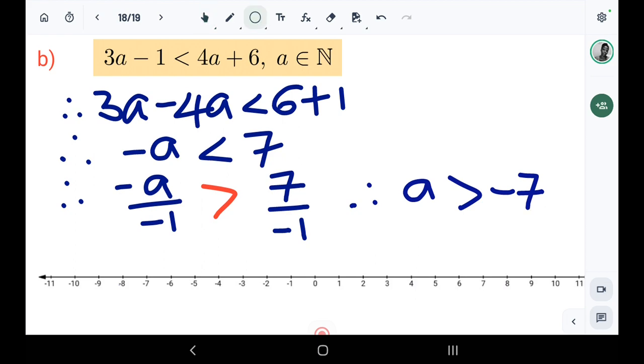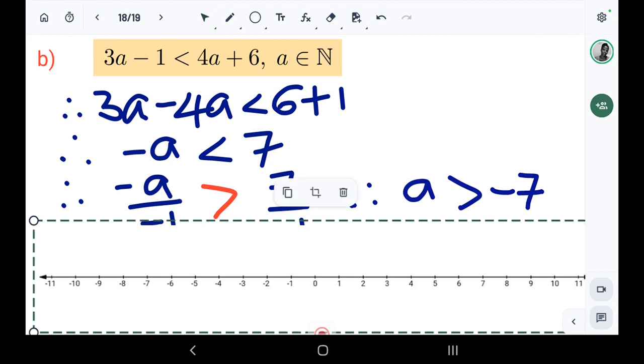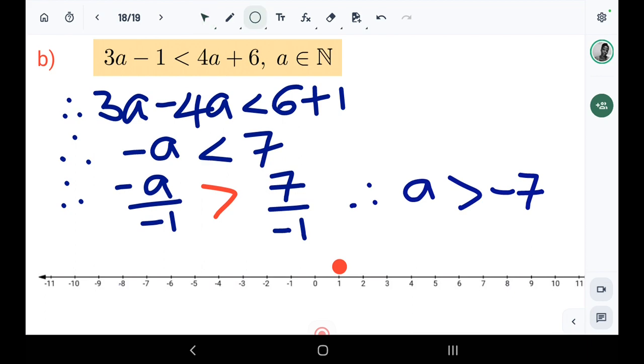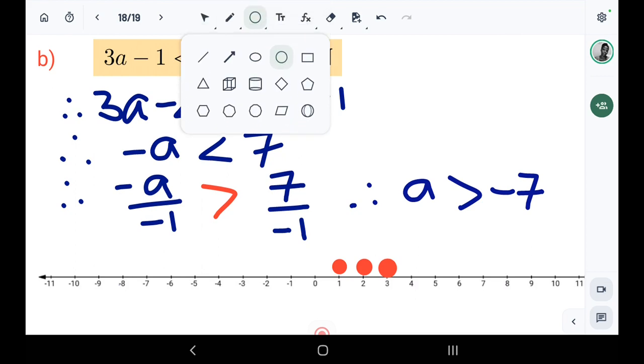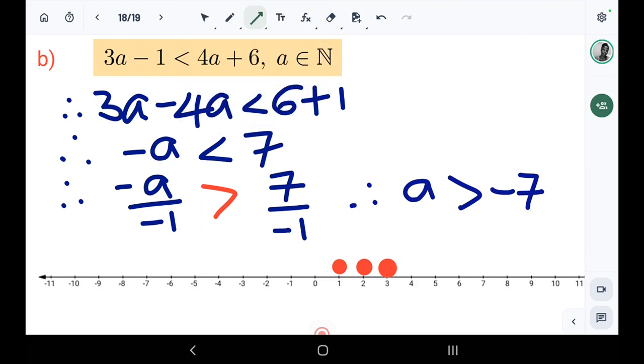So you put your solid dot on 1, 2, 3, and so on and so forth, and to show that this goes all the way to positive infinity, you put a number line and an arrow going right.